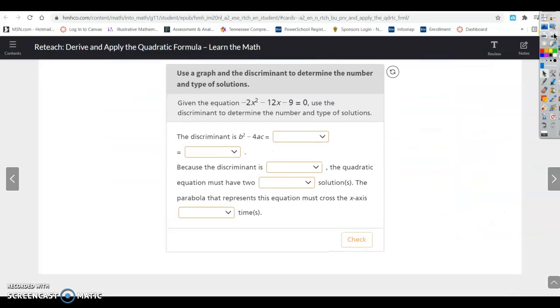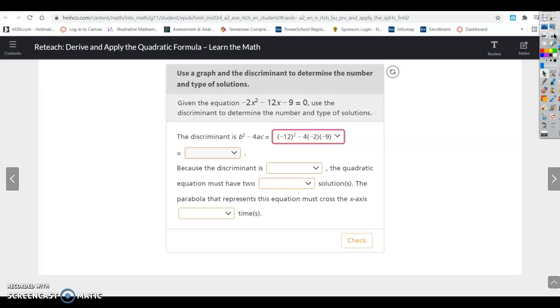Alright, so it says use the graph and the discriminant to determine the number and type of solutions. Given the equation, use the discriminant to determine the number and type of solutions. Alright, so the discriminant is b squared, negative 12 squared, minus 4 times a times c.